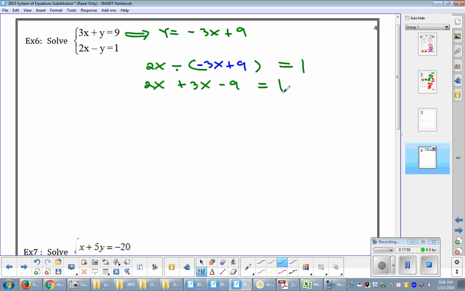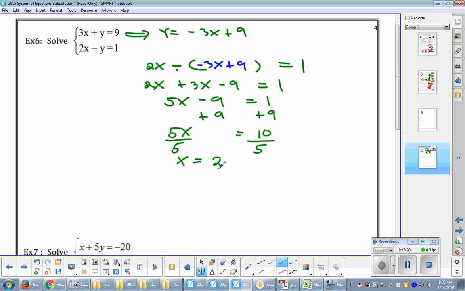So what's 2x plus 3x? Okay, this is just 5x. Minus 9 equals 1. When you add 9 both sides, we'll get 5x is equal to 10. And finally, we divide both sides by 5, and we'll get x equals 2.